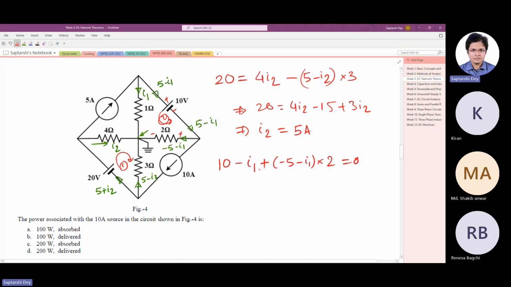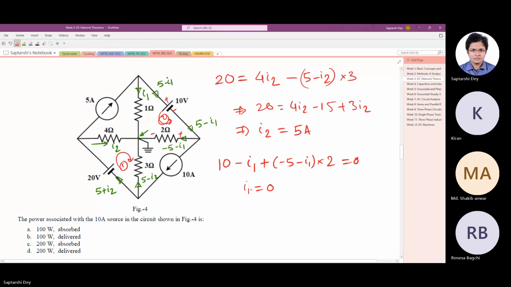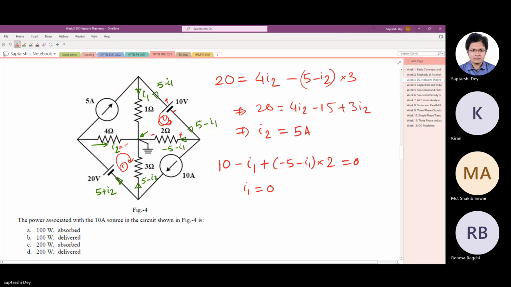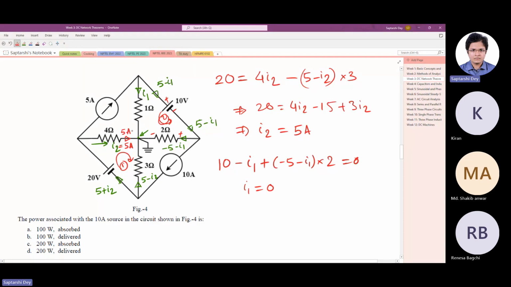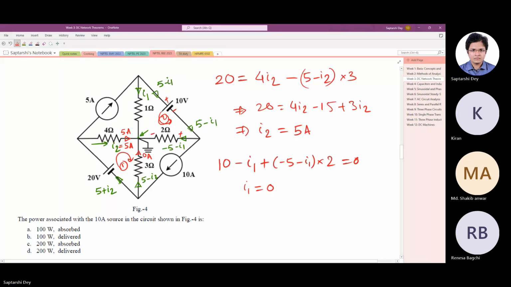Why am I getting 0? No, I am getting I1 equals 0. And I think it is matching because we got I2 as 5 ampere. So if 5 ampere current flows here, and there is no current in this branch, 0 ampere, right?